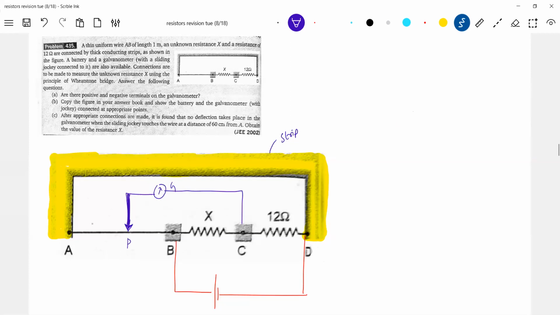Cell. So I'll adjust things like this. So this AP and PB, the galvanometer, yeah, it will come like this, 12 ohm.